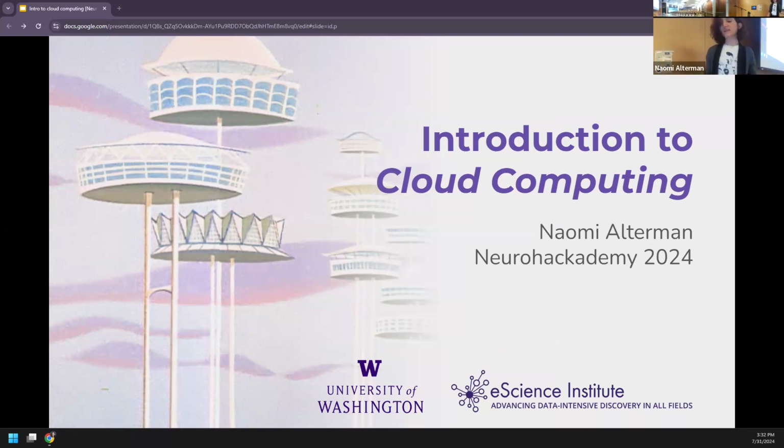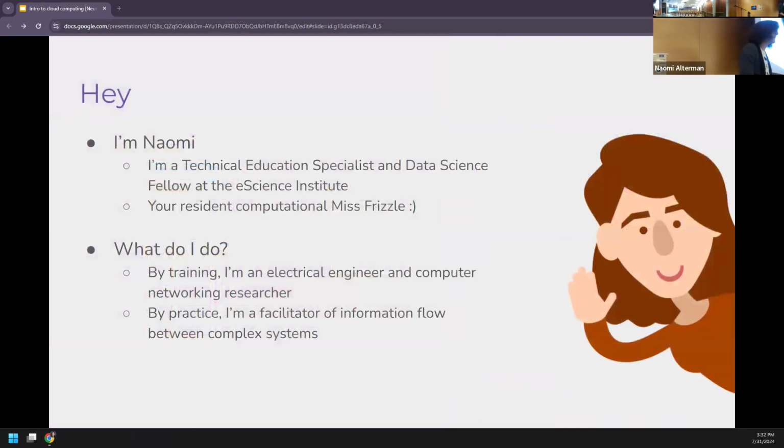So very briefly, a little bit about myself. I'm Naomi, as Noah mentioned. I'm a technical education specialist at the eScience Institute. And broadly, this can mean a few different things, but I think that most importantly, the way I describe what I do is that I'm a facilitator of information between complex domains, whether that is people learning how to use technology or software interacting with hardware or scientific experiments interacting with cloud systems.